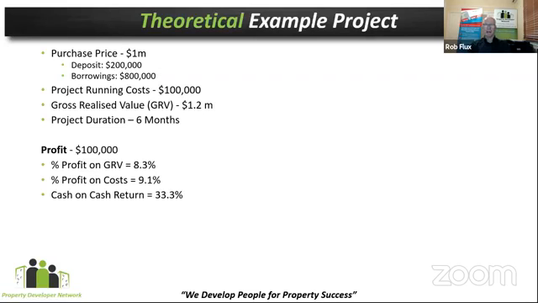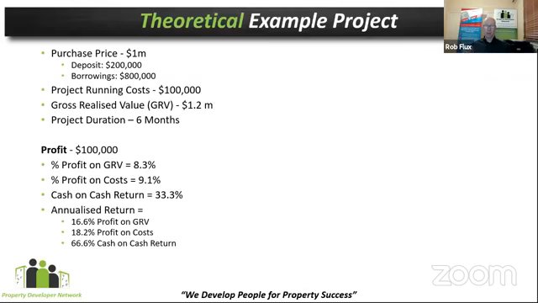Now, in that instance, everything changes massively. So now we've only got $100,000 running costs. So our profit divided by 100,000, it'd be 100% return. So it can be very misleading because the actual cash in is very different.